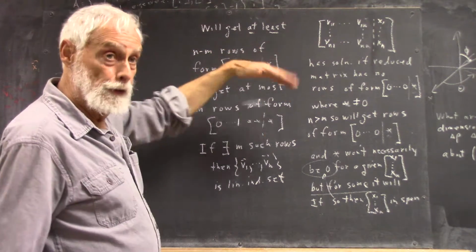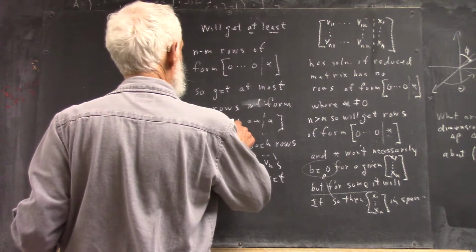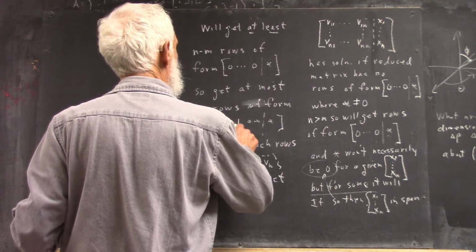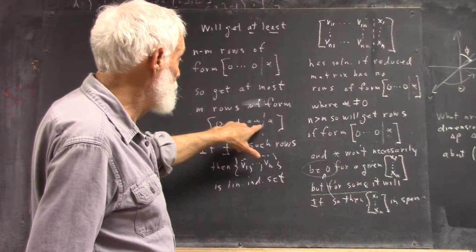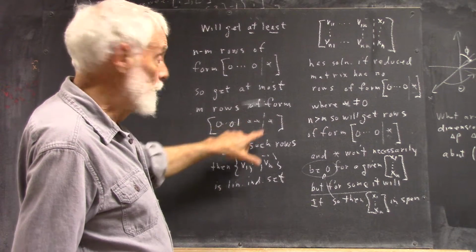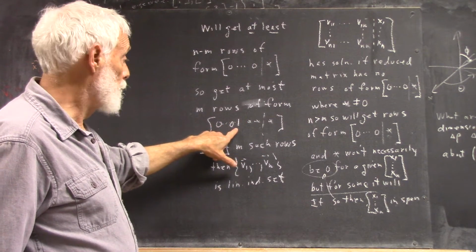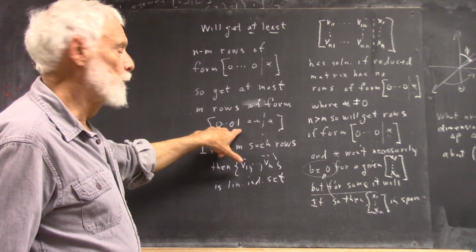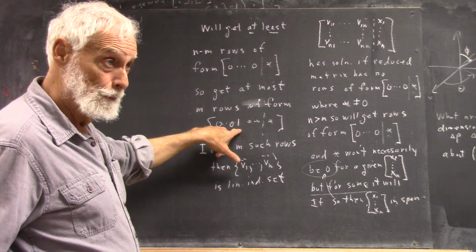Now, if they aren't of this form and we've completely reduced it, then they're of this form: zeros up through a leading one, and then maybe some zeros and maybe non-zeros following. But as soon as we have a 1 here, say in the 4th position, we know that C4 isn't going to be 0.